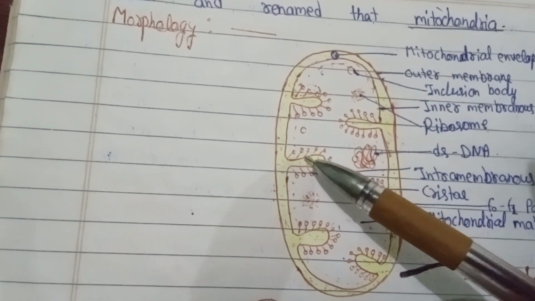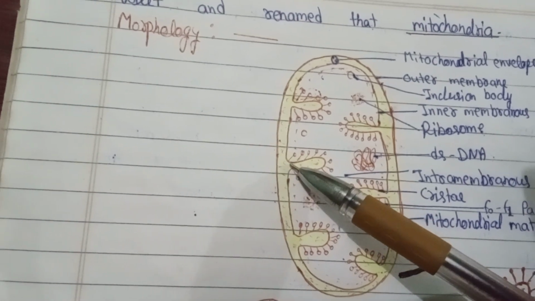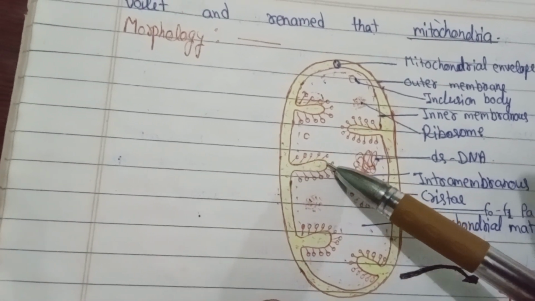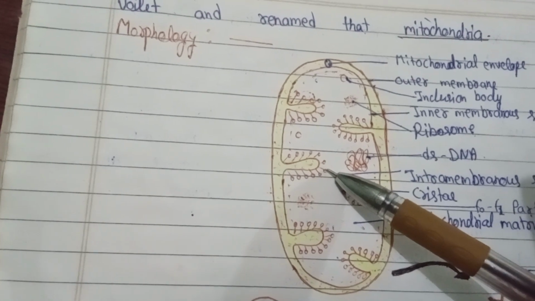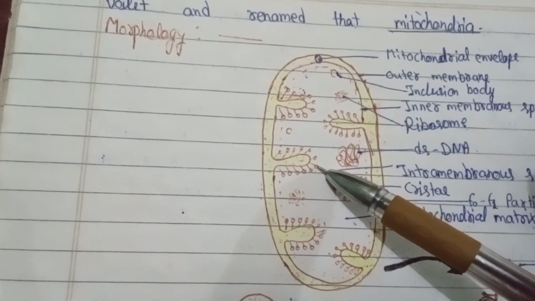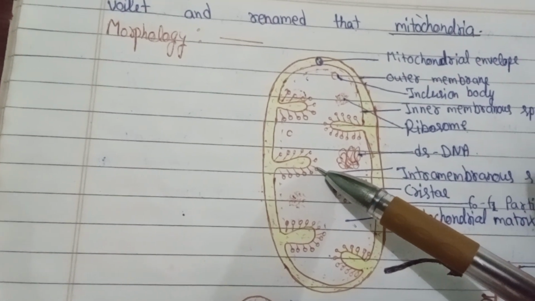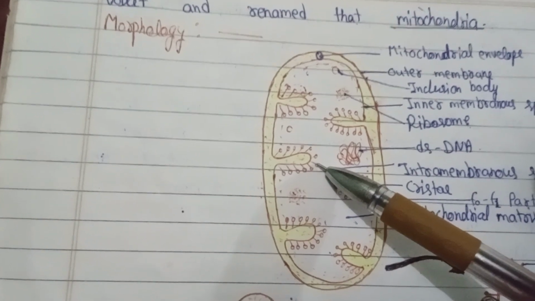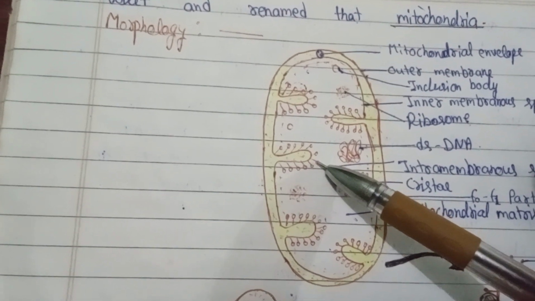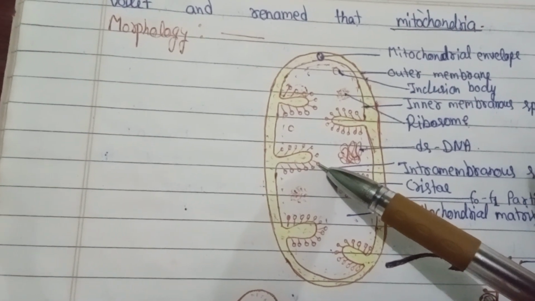This projection is called the christae, which is finger-like in shape, and the F0, F1 particle attached on the surface of christae is called the elementary particle or oxysome.